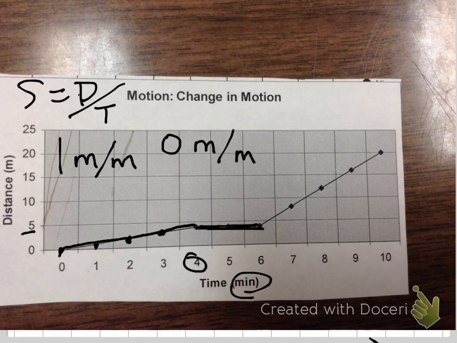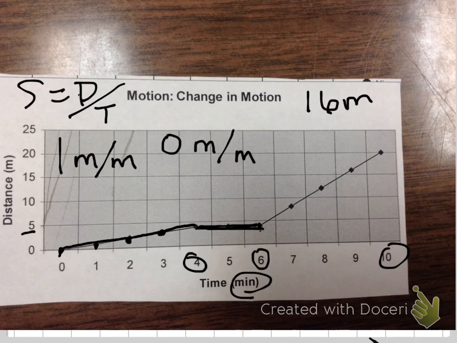And then look here. They go from 6 to 10 in, let's see, that's the time. So we want to get the speed. Let's see, what's the distance? They go from 4 meters to 20. So that's 16 meters, right?